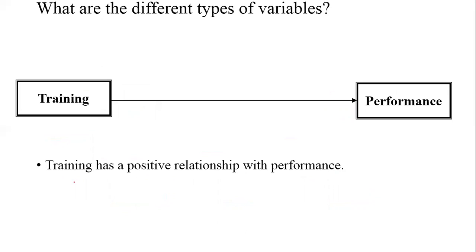So we can say that training leads to good performance, or that training has a positive relationship with performance, or that performance in this case is dependent on training. Which means in this statement, performance is a dependent variable and training is an independent variable.